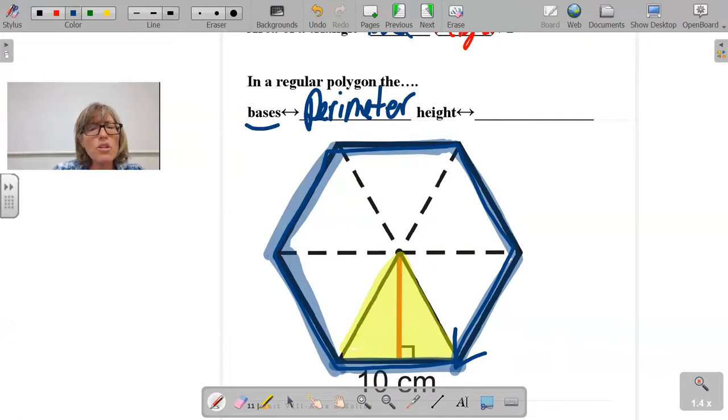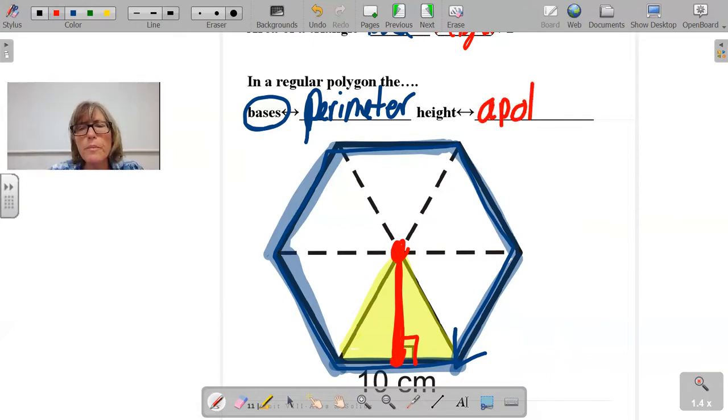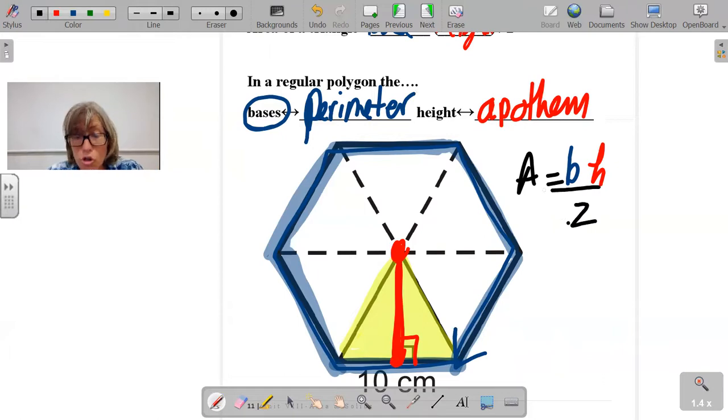So we're going to replace the word base with perimeter. The height of a single triangle, center, right angle, is actually the apothem. Therefore, area equals base times height over 2 for a single triangle.